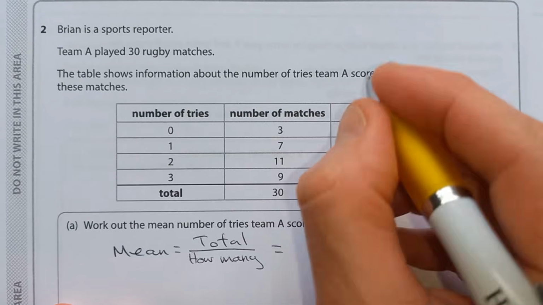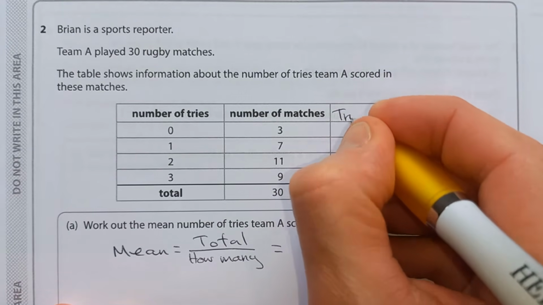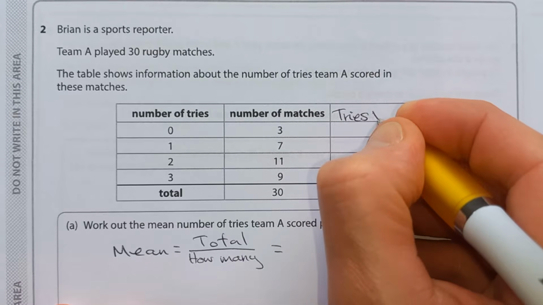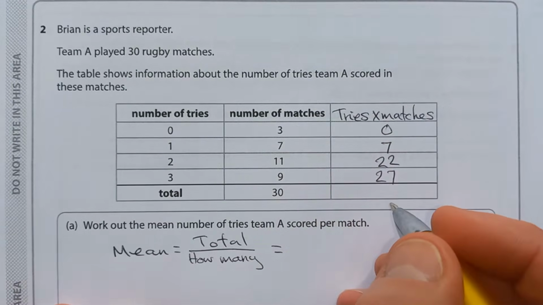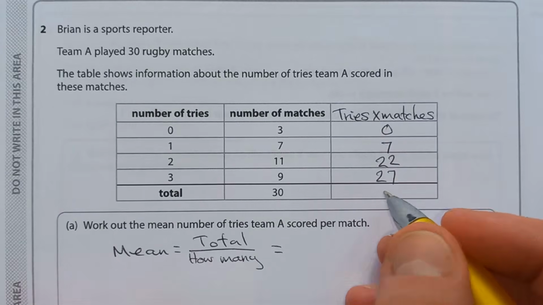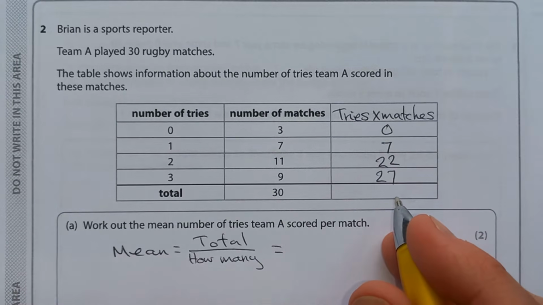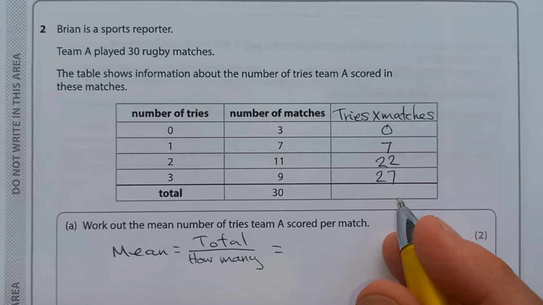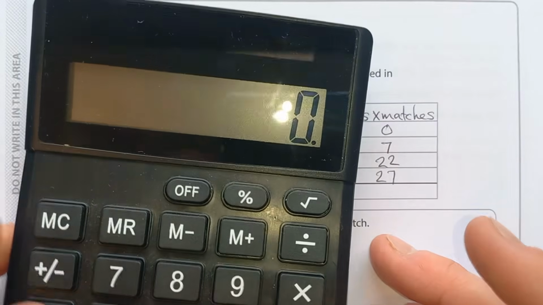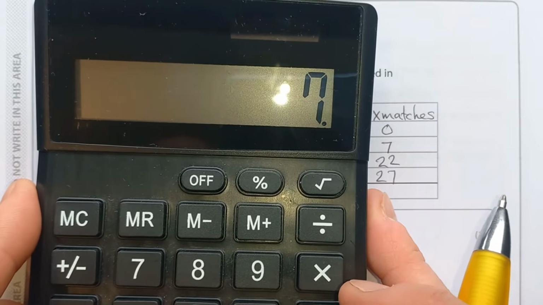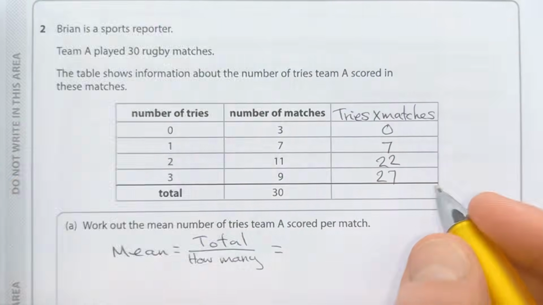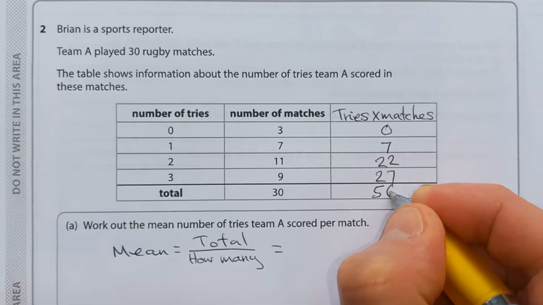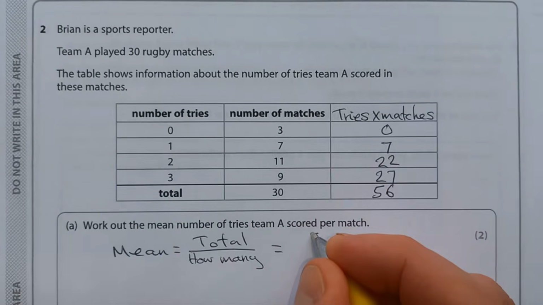So what we've actually done up here, this column is the number of tries times the number of matches, which means if we add these up, we get the total number of tries scored. So let's have a look at that using the calculator. So 7 plus 22 plus 27 gives us 56. Okay, so our total is 56.